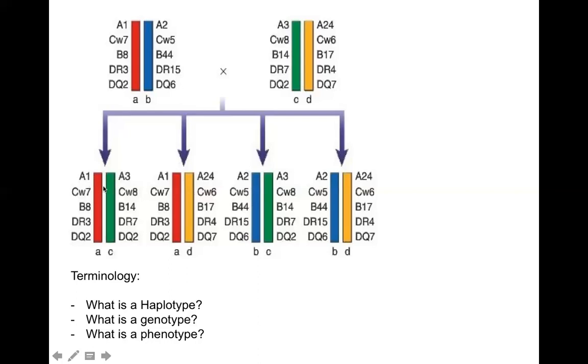So because they're codominant, A1, A3 will both be expressed on the cells. C7, C8 will be expressed on the cells. B8, B14 will both be expressed on the cells. Everything is expressed together on the cell surfaces. So in this case, the genotype is the same as the phenotype.